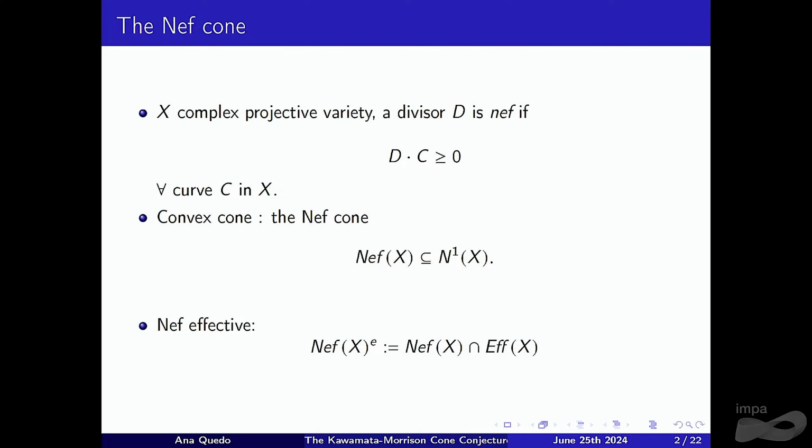For example, we can understand fiber space structures or contractions of our varieties by studying these cones. And then we can translate our problem from a projective variety perspective to a convex geometry perspective, which gives us a lot of different tools to deal with this.